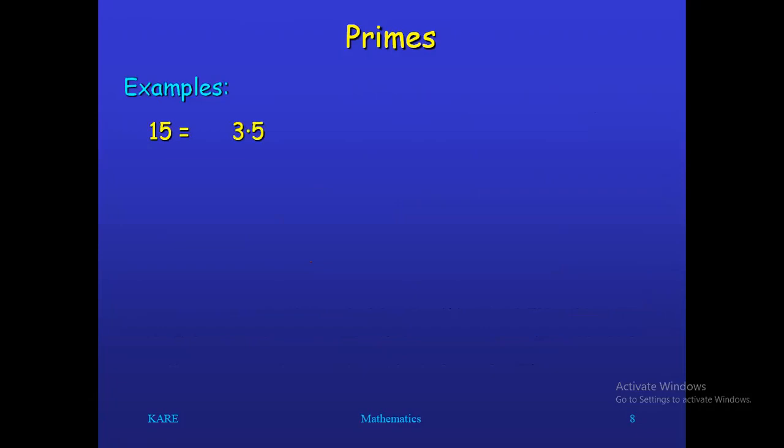So 15 can be written as 3 into 5. 3 is one prime factor, 5 is another prime factor. It is written in ascending order, increasing size.